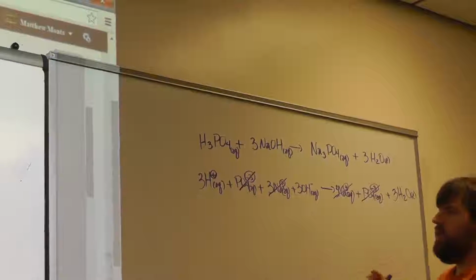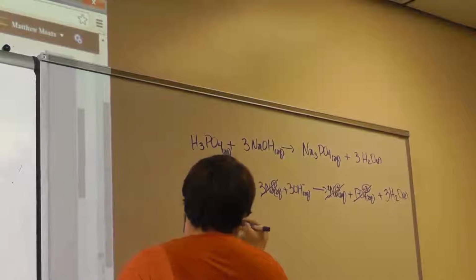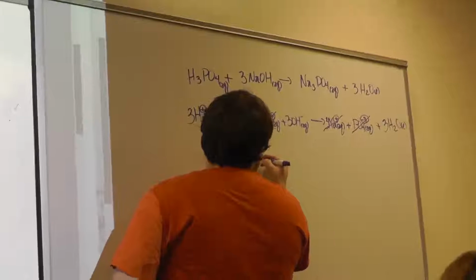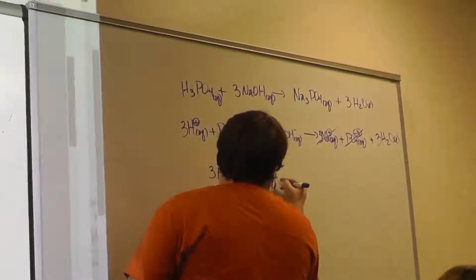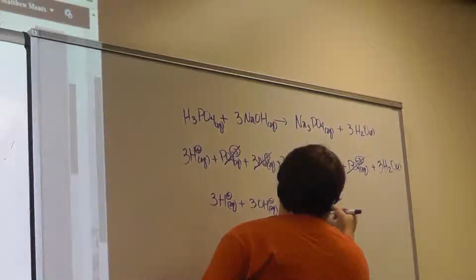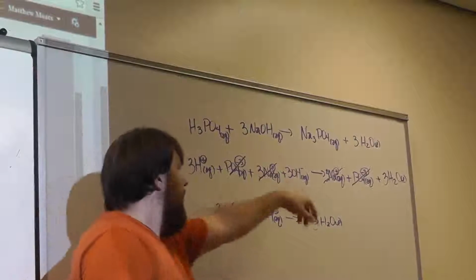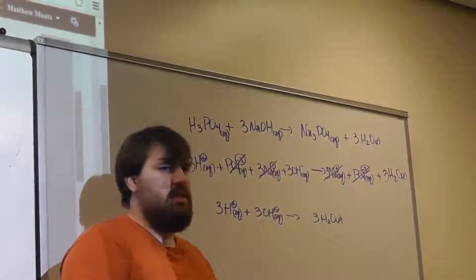So what we really want to key on, the net part of what's happening, is 3 hydrogens at +1 each coming together with 3 hydroxides at -1 each, and what you're getting is 3 water molecules. Did anything happen to the phosphate besides it changing its cation?